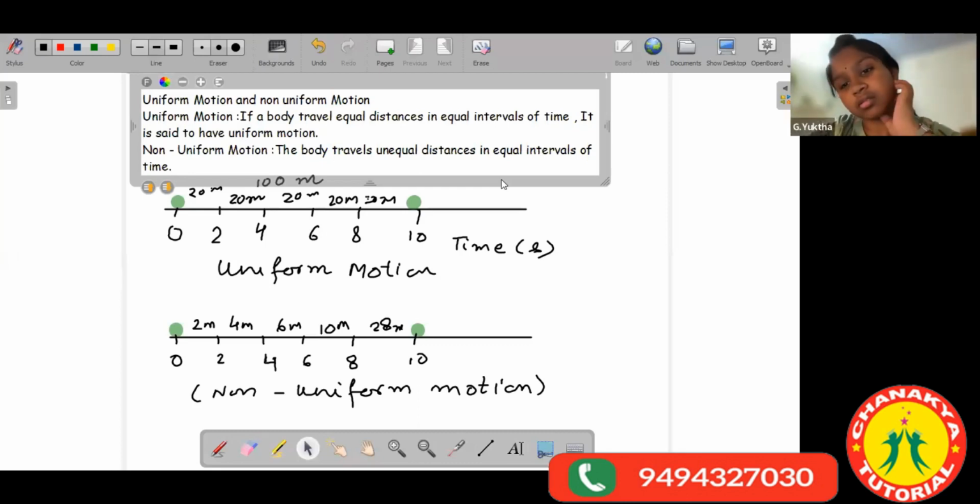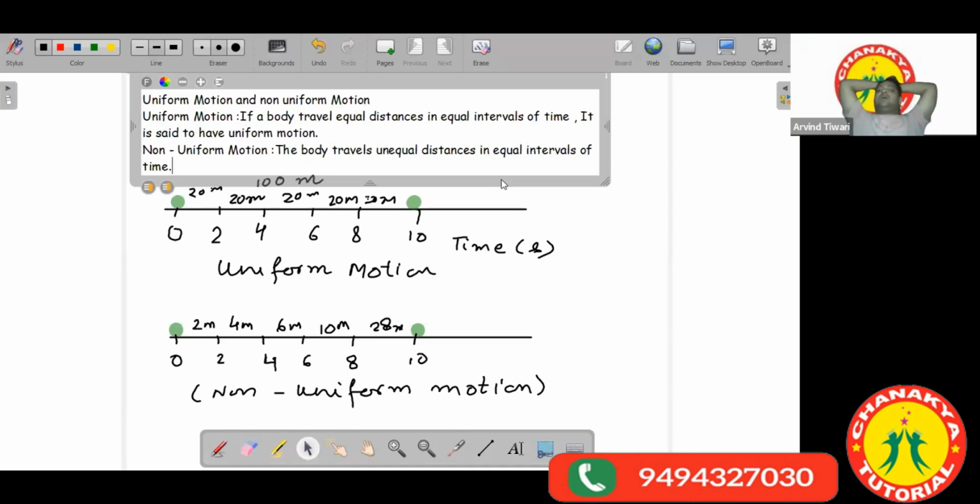Sir, will it be like the car traveling? Okay, if a car travels on a straight highway with a constant speed, that would be a uniform motion. A car traveling on a state highway with a constant speed of 60 km per hour or 40 km per hour, whatever, that would be uniform motion. Similarly, an aeroplane flying at a certain height with constant speed would also be a uniform motion.